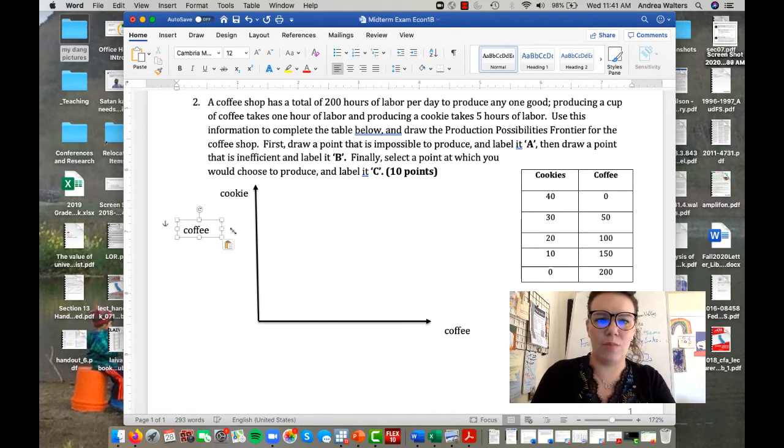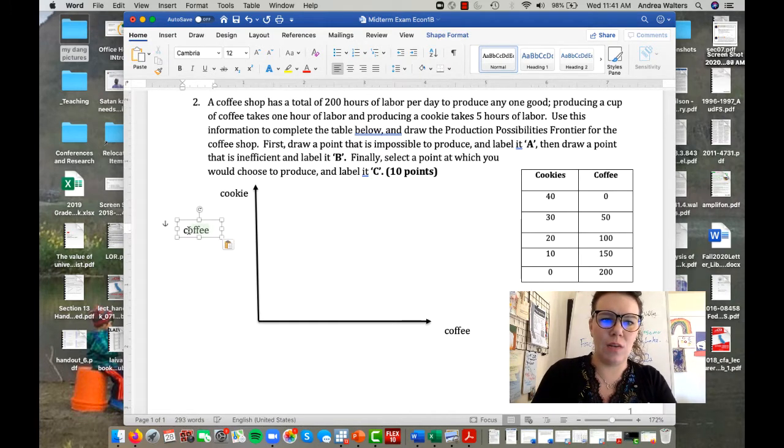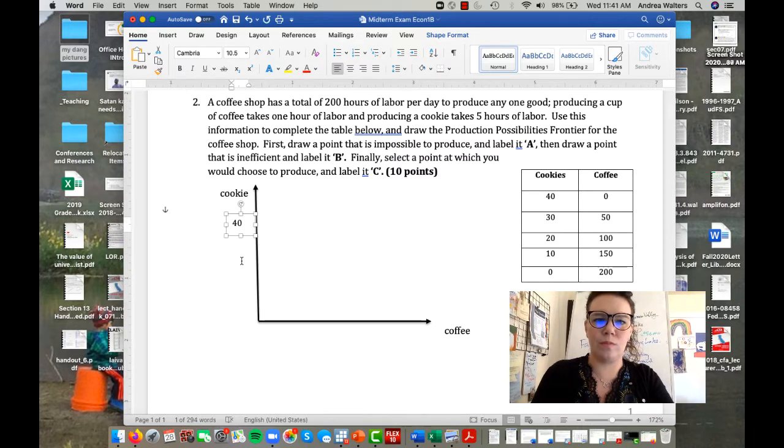So I'll go ahead and put more boxes, more labels on my chart to show the 40 cookies, 30 cookies, 20 cookies, and so on. So I'll put that right here, and just fill out my axes that way.